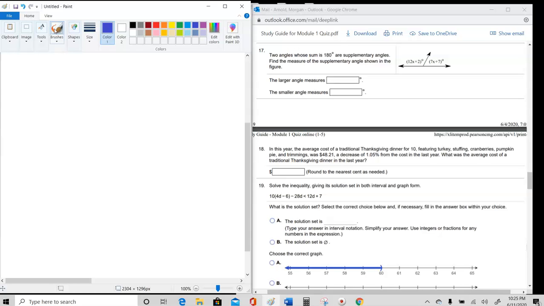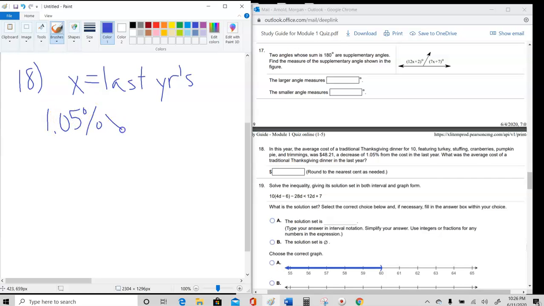So we will let x equal last year's cost, and 1.05% x is this year's cost. Now, the full cost, that means 100%.